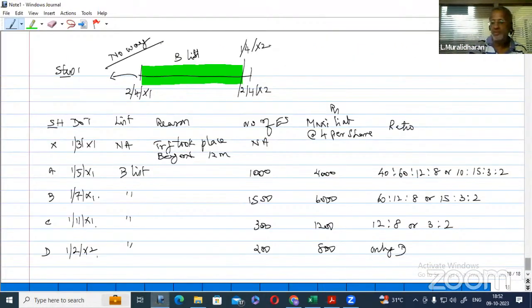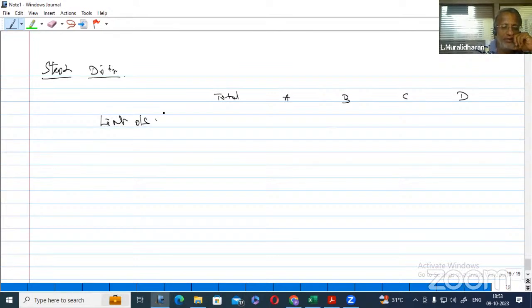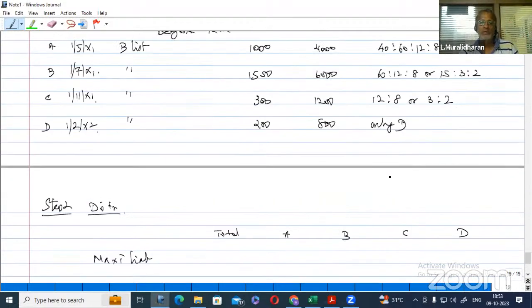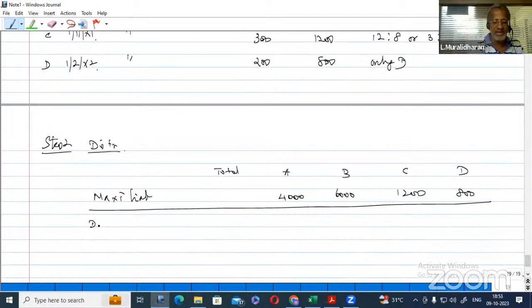Then distribution, step 2. So when you have total A, B, C and D, maximum liability is 4,000, 6,000, 1,200 and 800. Here I have a date.